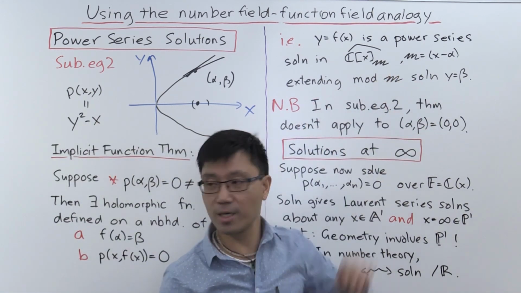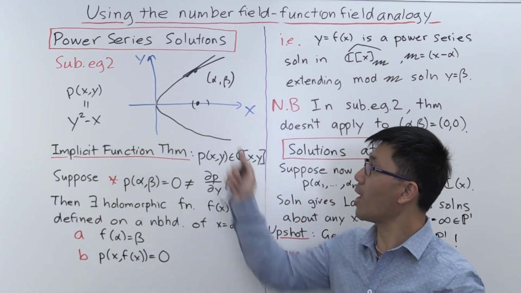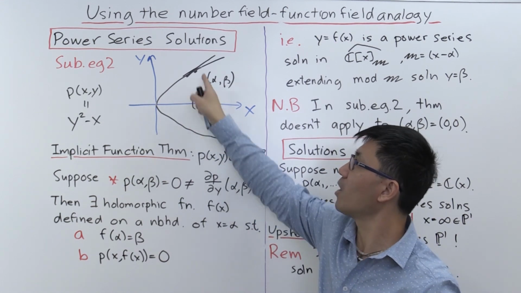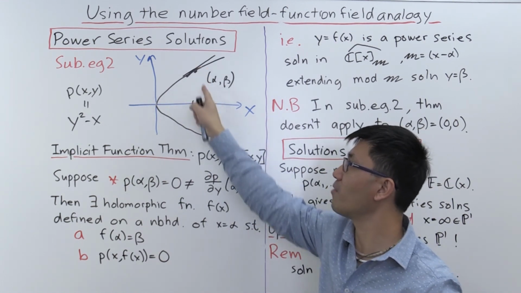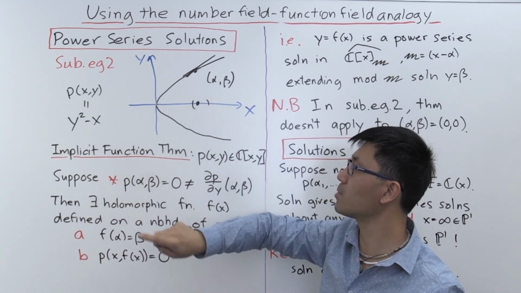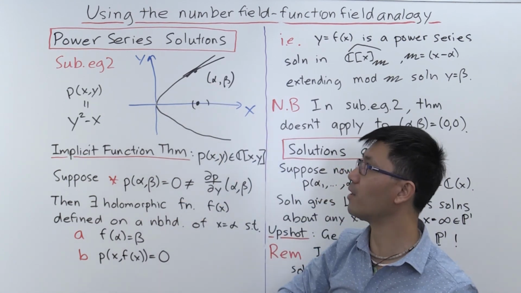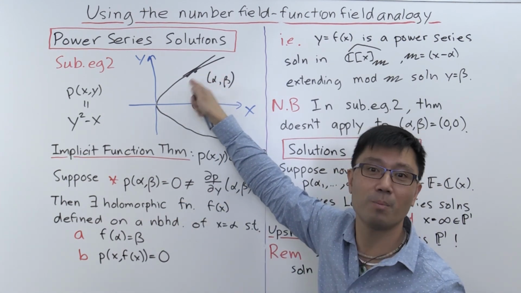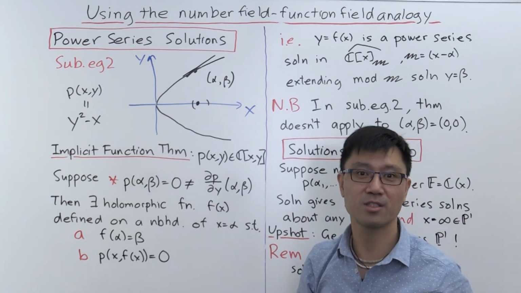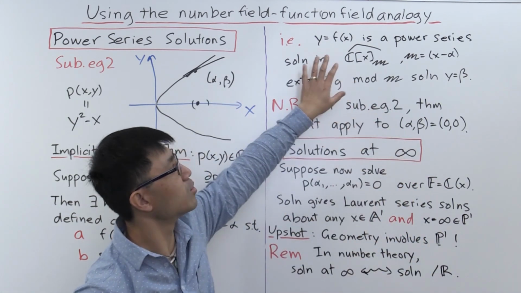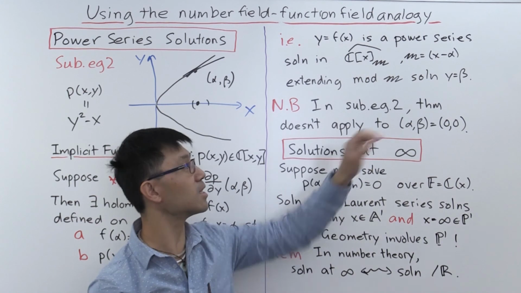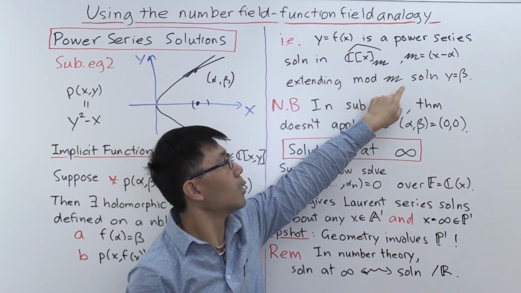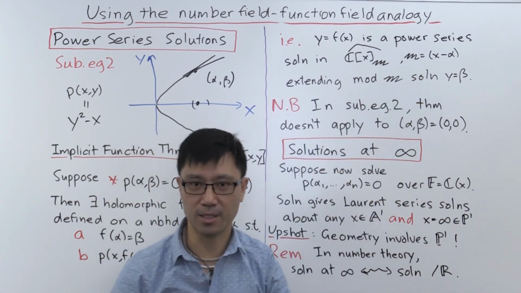And the point is it's related to this modulo M solution. So remember, if you have a point on this graph which sits over x equals alpha, that's a mod M solution where M equals x minus alpha. So you've extended it a little bit in the neighborhood of that. So that's what you've done. It's a power series solution that extends it in a neighborhood of that point alpha, beta.